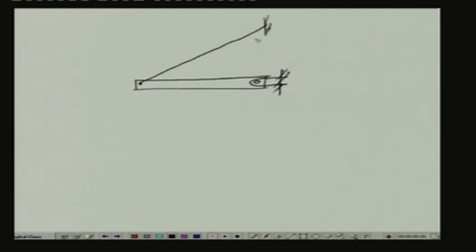Last time we did a problem, say we have a rigid bar which is pinned at this particular end and is held up by a rod and is subjected to a vertical load P. Now, if we draw the free body diagram of this particular configuration, removing these supports, the free body diagram will look like this.